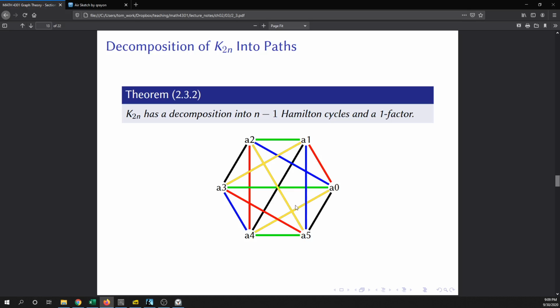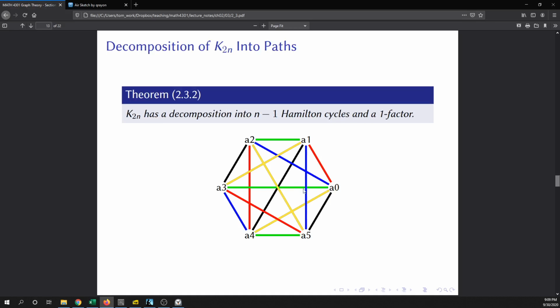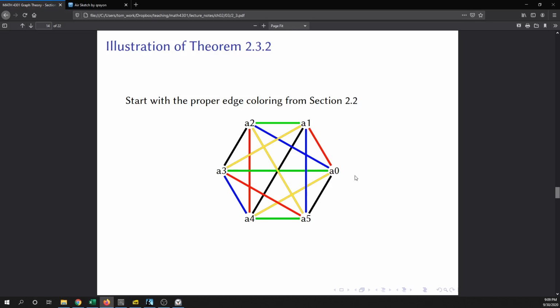This is the same picture as the previous slide and doesn't show the decomposition yet, so this is still the proper edge coloring. That's where we start: we get the proper edge coloring that's guaranteed from Theorem 2.2.3 in section 2.2.